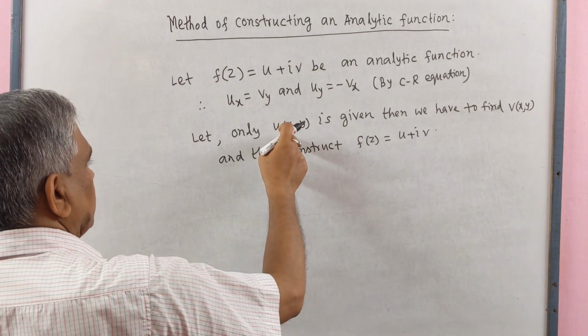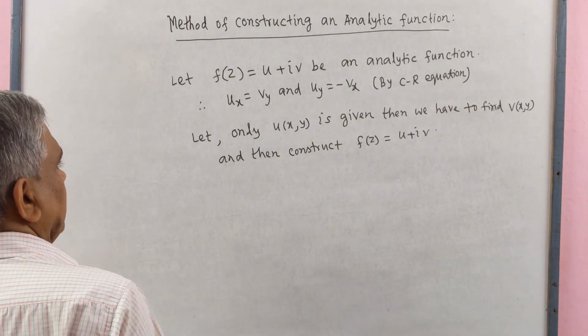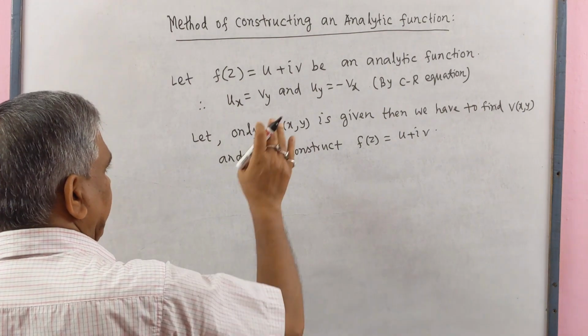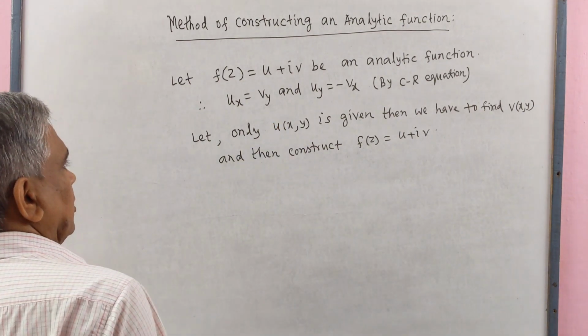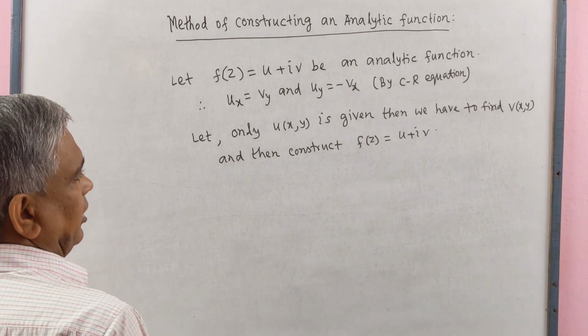Since u(x,y) is given, now with the help of this we have to find v.